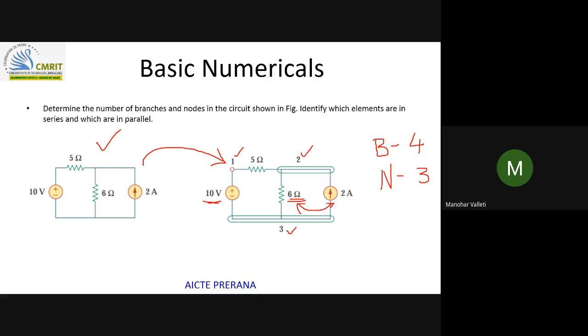So these two are parallel, right? From these two nodes, the entire group will be in series with 5 ohm and 10 volts, right? At these points, both the 6 ohm and 2 ohm were in series.